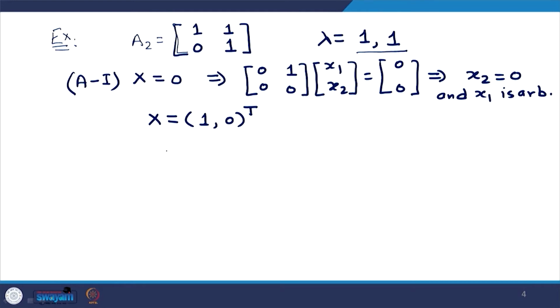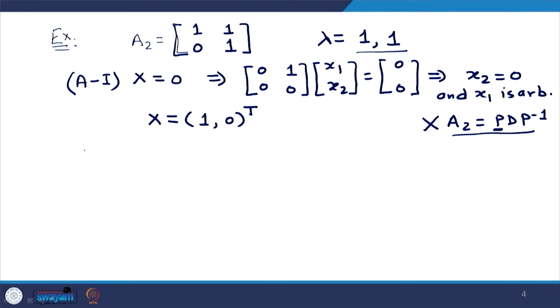So, this matrix cannot be written as A2 equals P D P inverse, because we cannot form the modal matrix P since we have only one eigenvector. So, we cannot have this kind of diagonalization of this matrix A2. Hence, we have to see a more general version for writing this kind of similarity transformation.